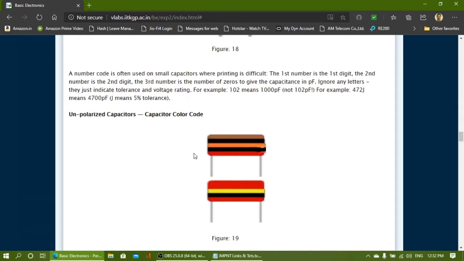This capacitor is also defined by color codes, and you have to start reading the color code from the top. From here to here, you start reading from the top. That is, brown means 1, black means 0, and orange means 10 to the power 3, and the value comes in pF.